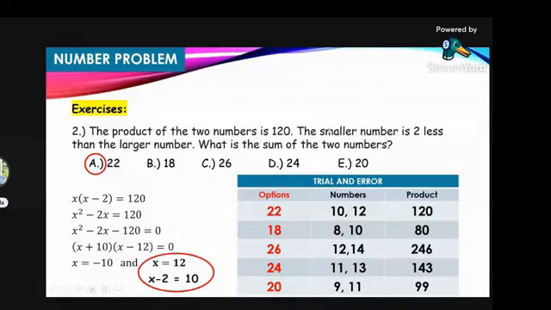Based on the statement, the smaller number is 2 less than the larger number. So for 22, the possible numbers are 10 and 12. For 18, 8 and 10, or 12 and 14. For 26, 11 and 13. For 20, you have 9 and 11. These are the possible numbers for each option that would fit the description.